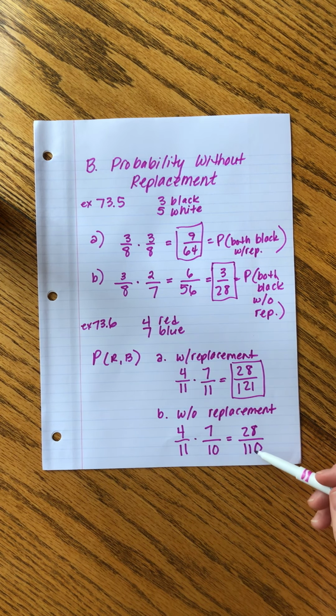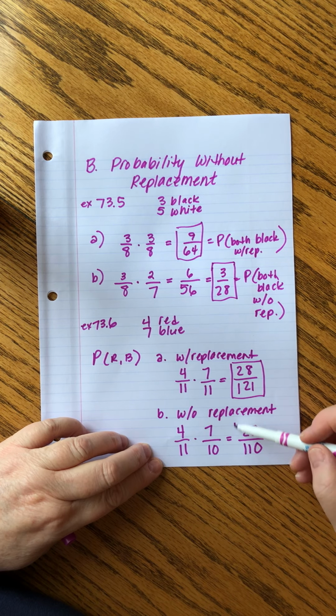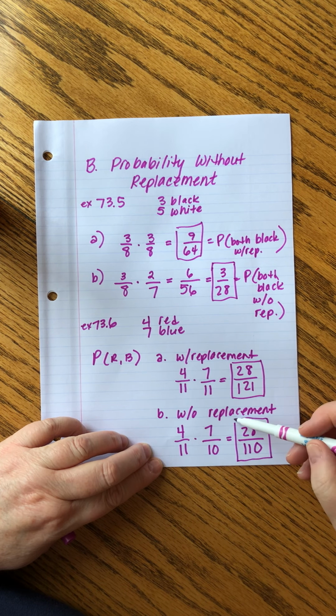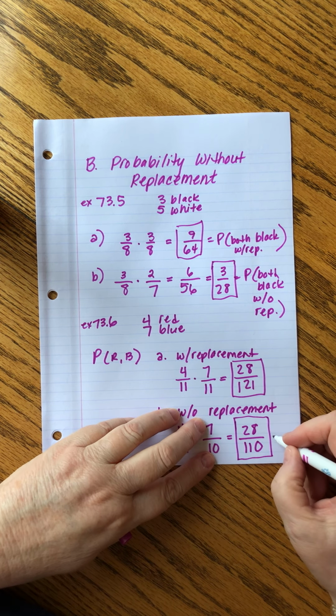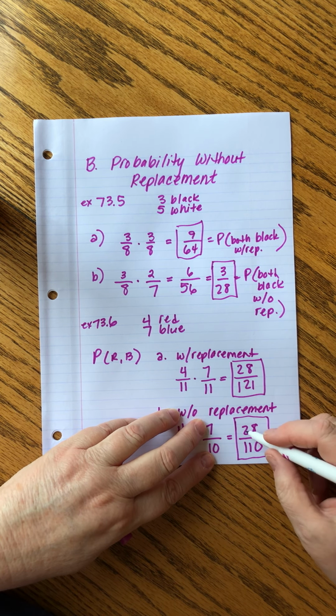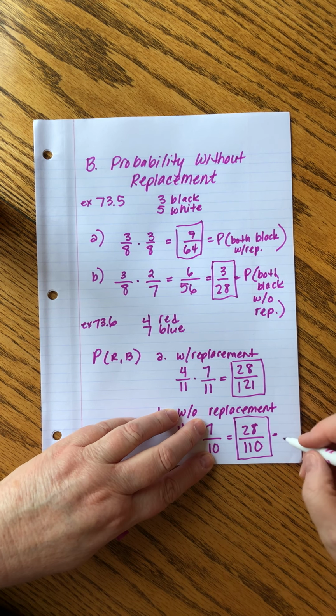So we can see the odds actually go up that we'll get a blue one the second time, because we threw the red one down the hall, so that means there are just fewer marbles in the urn, and the odds of us choosing a blue one get better if we throw it down the hall. Those are the 2 answers. Oh, this can be reduced. Let's see, this would be 14 over 55, yes.